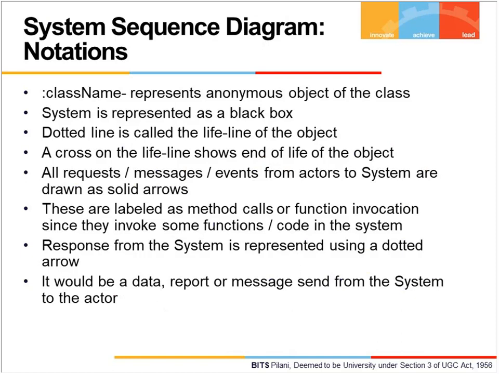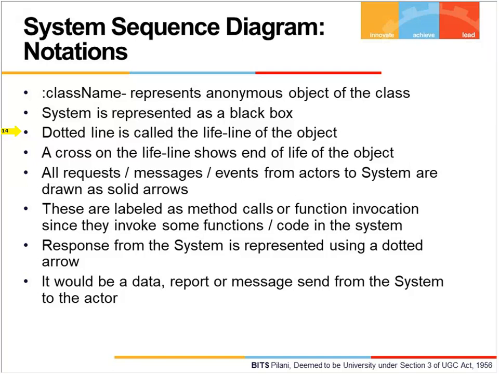Okay, so coming to the notation, the entire system is represented as a black box. A vertical dotted line represents the lifeline of each of the objects, right? The moment we put two colons before a class name, it becomes an anonymous instance of that class.